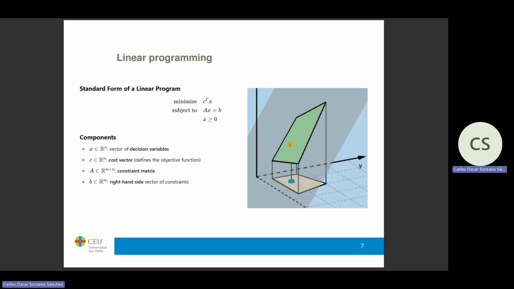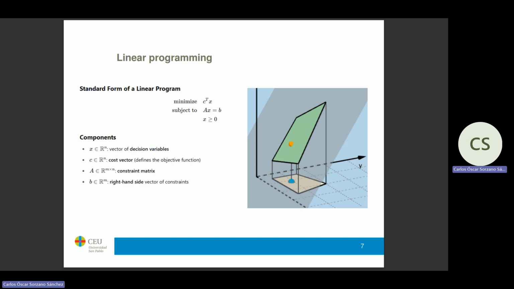So here I have the feasible region. I'm drawing the feasible region in this way. Within this feasible region, for every point, I can evaluate the function, that is the result of the hyperplane.